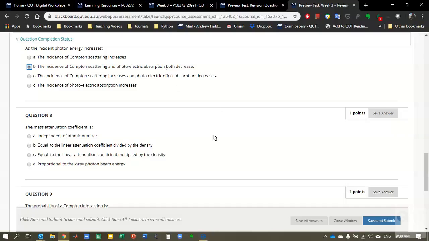They both decrease with increasing photon energy, but what I was saying was that at higher radiotherapy energies we get more Compton scattering. So although it's still decreasing with energy, we get more Compton scattering at higher energies than we do photoelectric absorption. Have a look at the notes of the plots I showed you of the probabilities of Compton and photoelectric as a function of energy, and you'll see that. So the answer here was actually B, sorry.